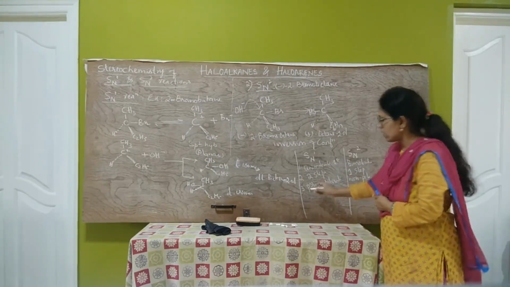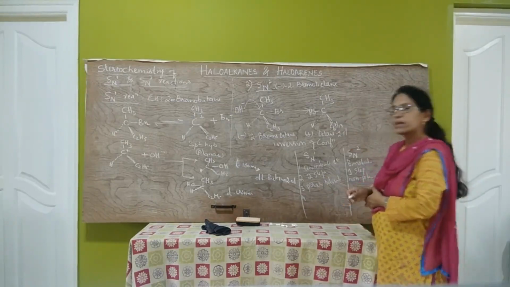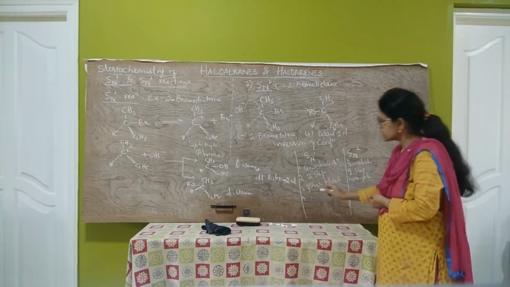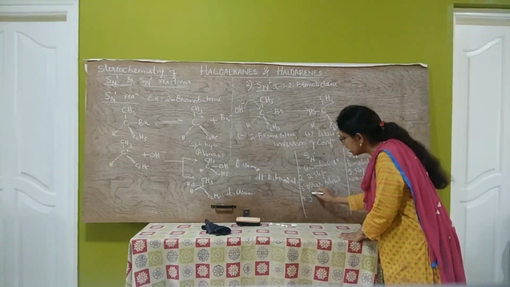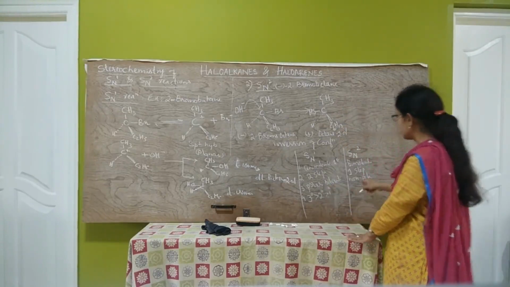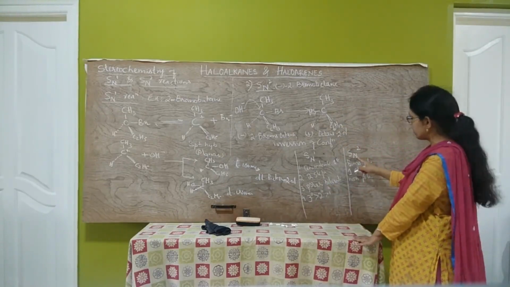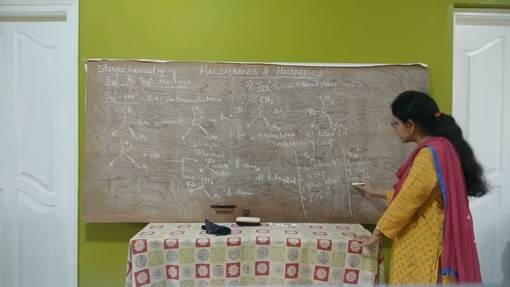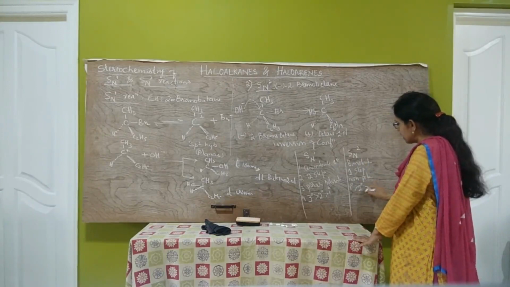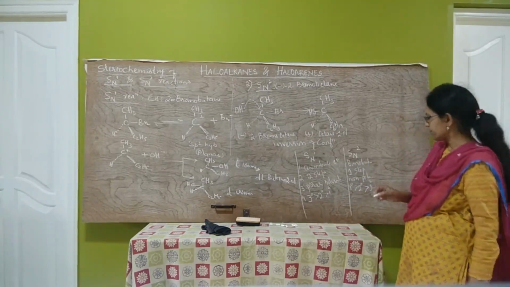Next, the order of reactivity of alkyl halides by SN1 mechanism is 3 degree more reactive than 2 degree than 1 degree, whereas the order of reactivity of different alkyl halides by SN2 mechanism is 1 degree greater than 2 degree greater than 3 degree.